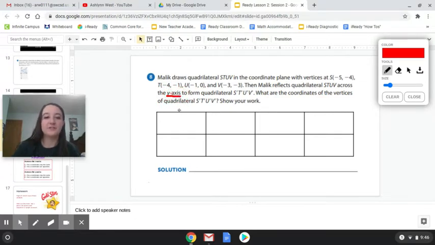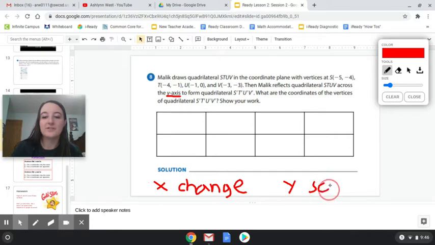So when you reflect something over the y-axis, the x's change and the y's stay the same. So again, when you reflect over the y-axis, your x values change and your y values stay the same.